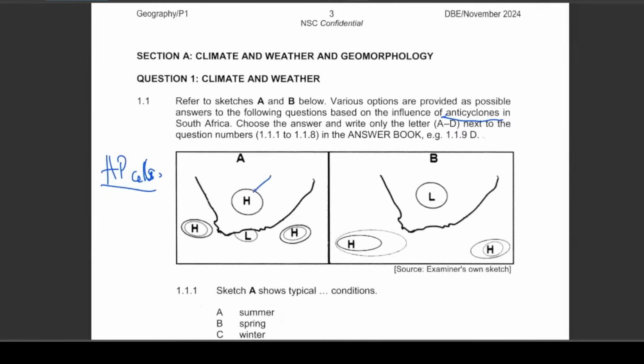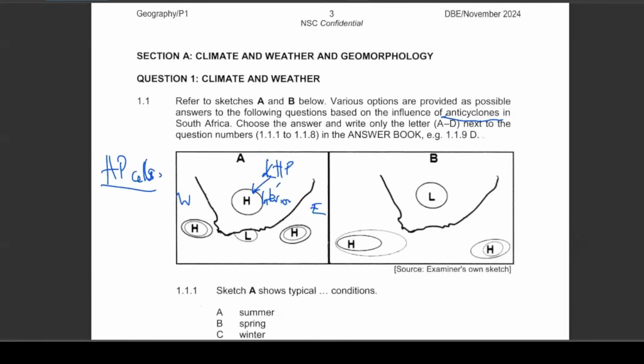If we check our sketch here, we have a typical high pressure cell. This is a sketch which shows the western part of the Southern African subcontinent and the eastern part on this side. This is the interior of Southern Africa. We have a high pressure cell here over the interior, obviously our Kalahari high pressure cell, which dominates over the interior.